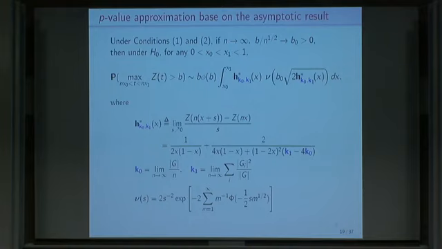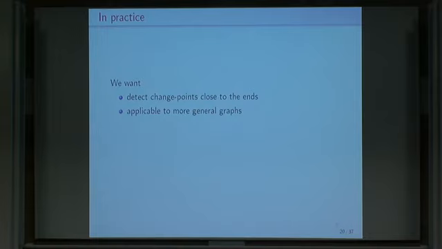Everything seems to be quite good at this moment, but we want something more. The previous result was an asymptotic result, and if we want to detect a change point that is close to the two ends, there are two problems. One is that if it's too close to the end, the asymptotics will not work.